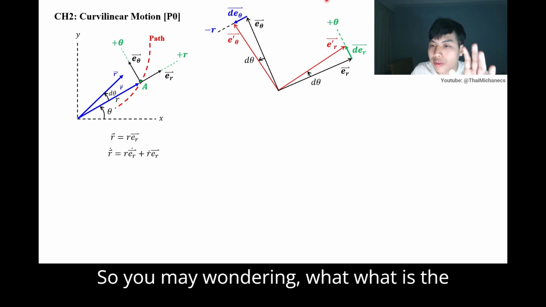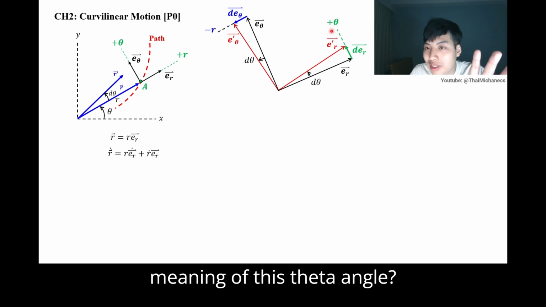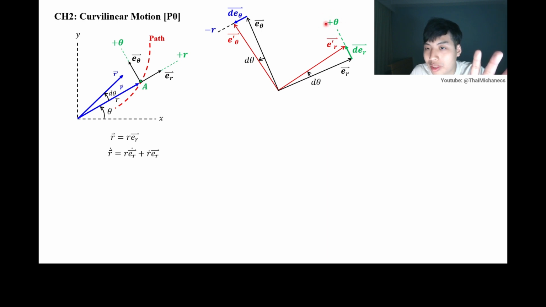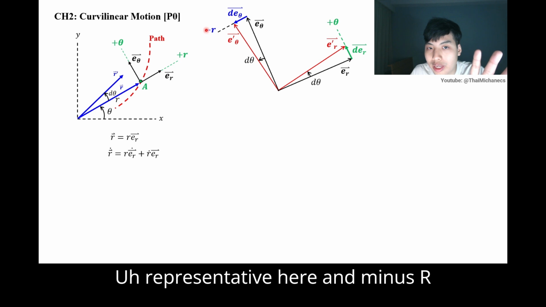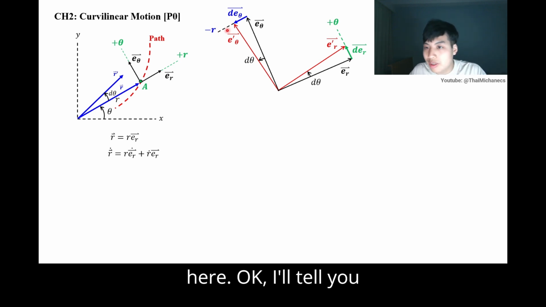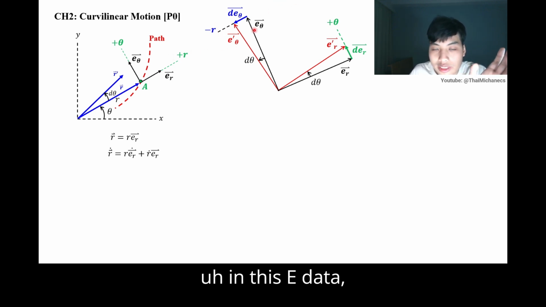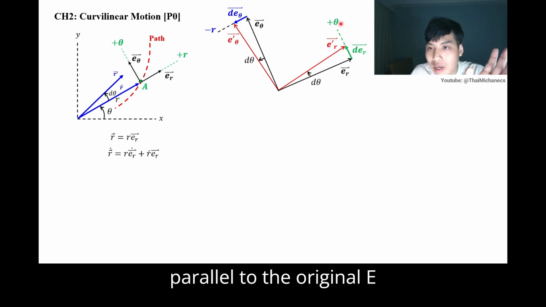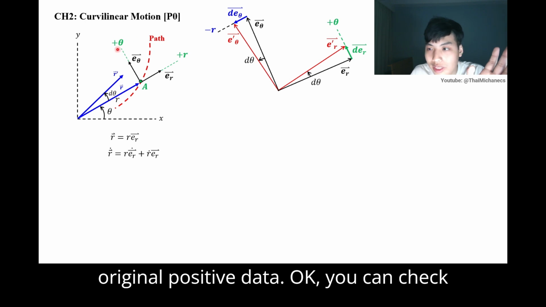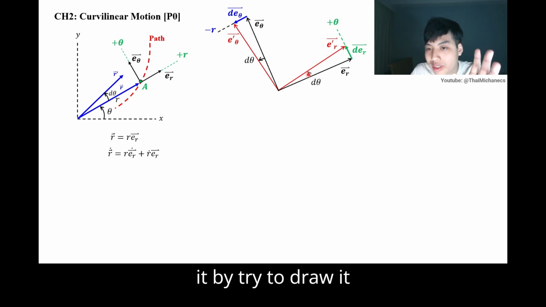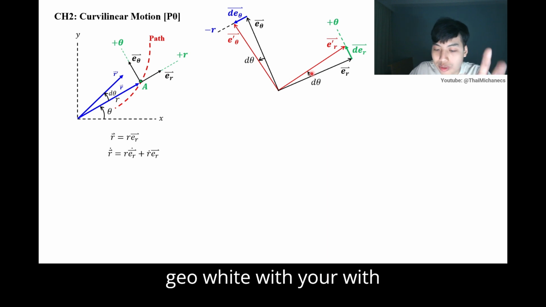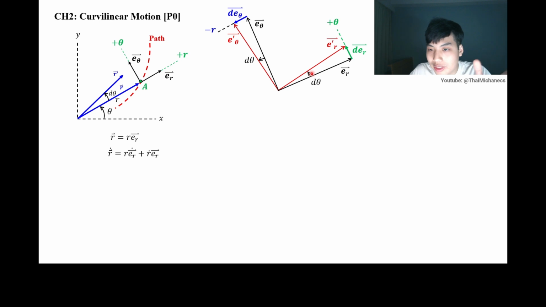You may wonder what the meaning of this theta angle and minus r is here. I'll tell you. In this e_theta, the d e_theta axis will be parallel to the original positive theta. You can check it by trying to draw it with your pencil and ruler.